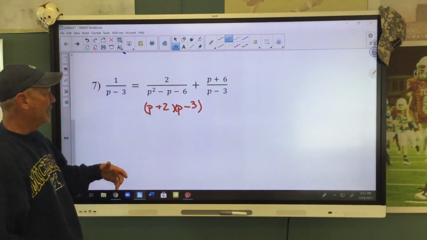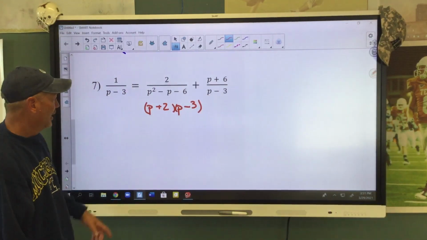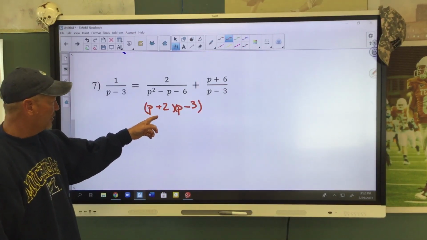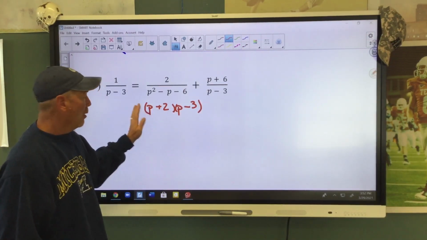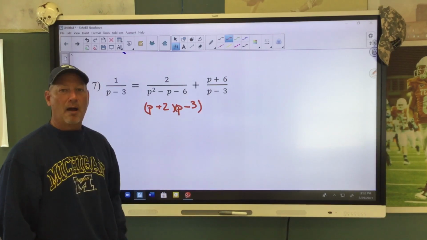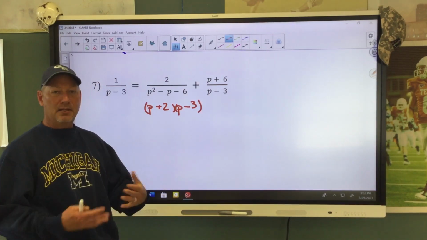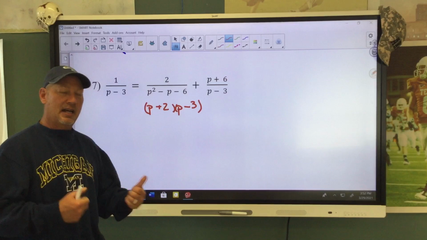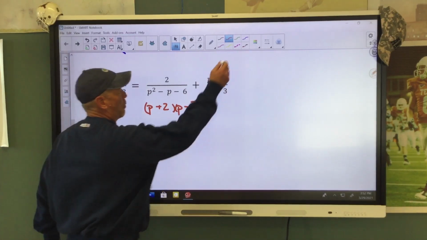All right, so we need to have a common denominator. It turns out that p plus 2 and p minus 3, both of these will make up my common denominator. So I need to multiply everyone times the common denominator.